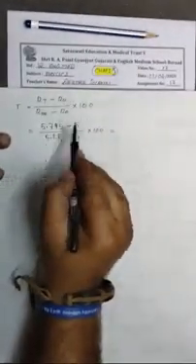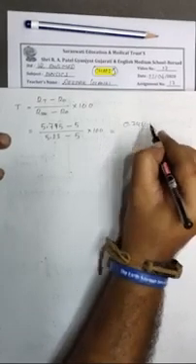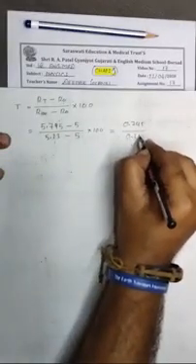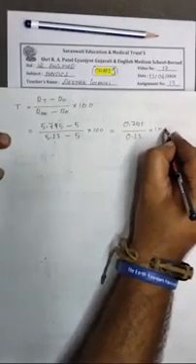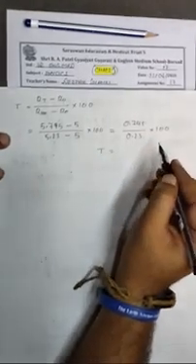Do the calculation. You will get 5.795 minus 5, it is 0.795, divided by 0.23, multiplied by 100. So finally it is a simple calculation.